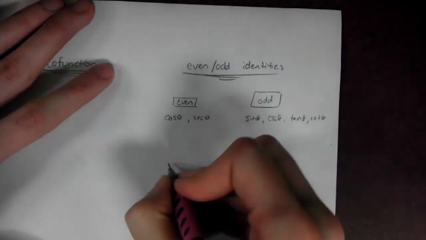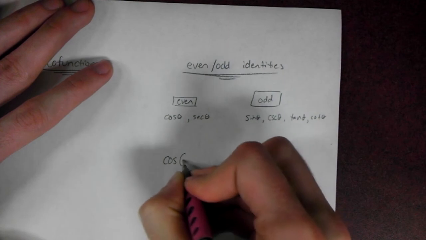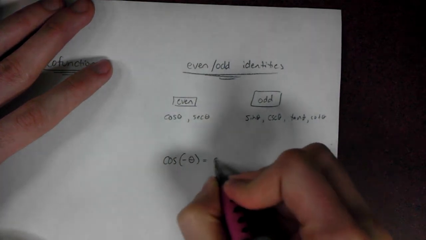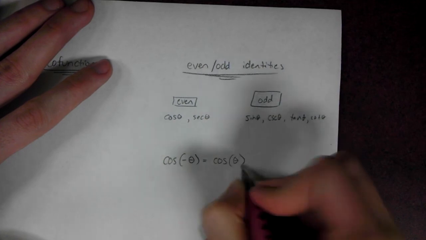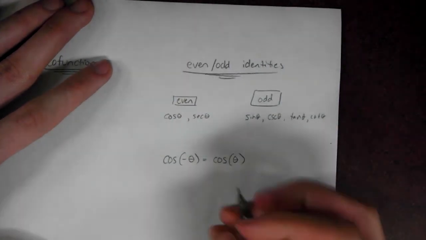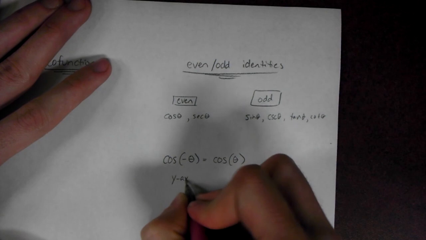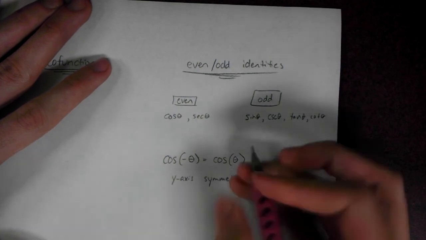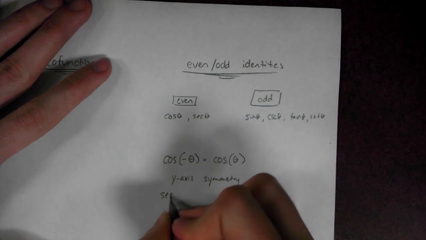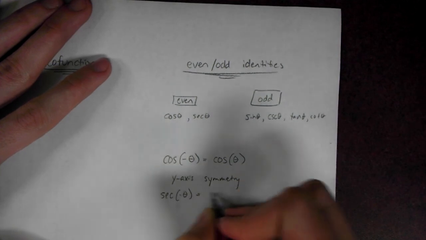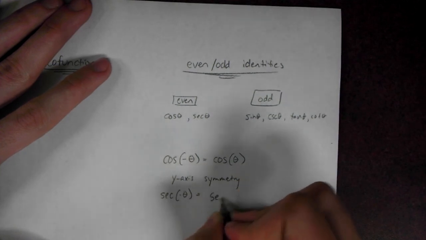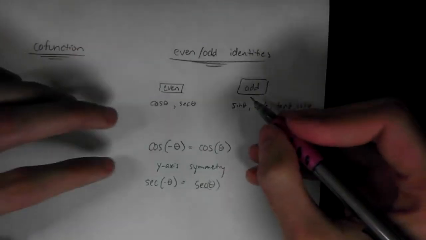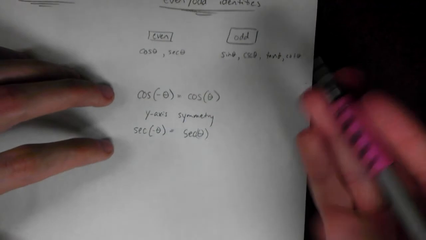So what does it mean to be even or odd? Well, if you're an even function, like cosine is, cosine of a negative angle is the same as cosine of the positive angle. This is because even functions have y-axis symmetry. Okay, so secant has the same property. Secant of negative theta would be secant of positive theta. Alright? If you're an odd function, however, then you have origin symmetry.